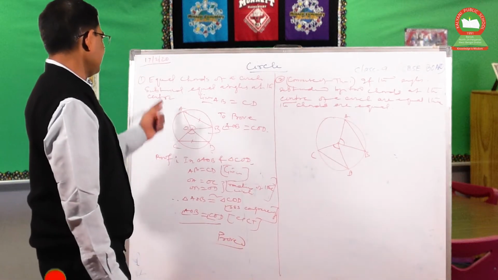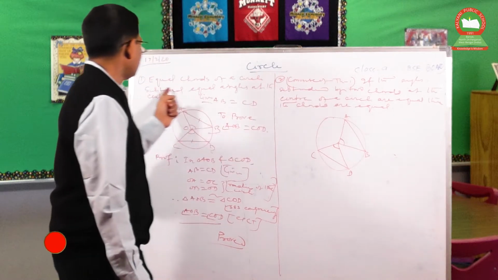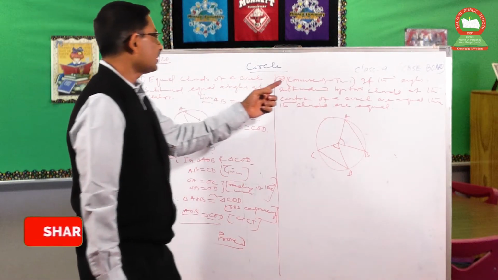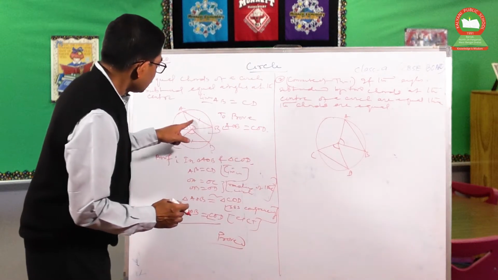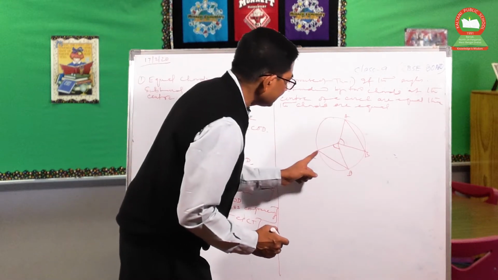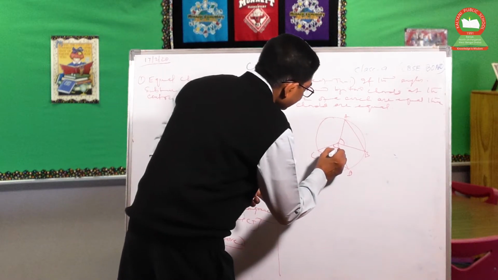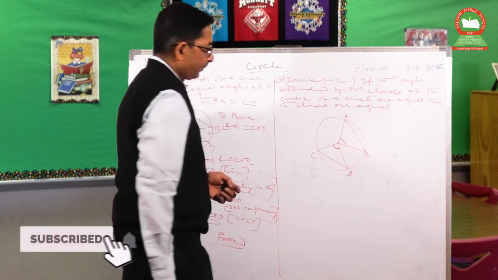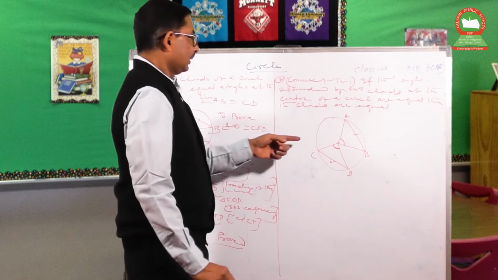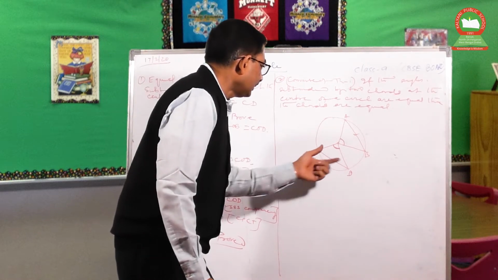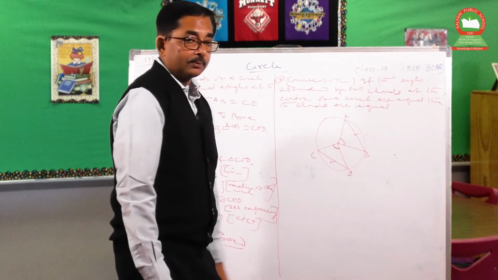The second theorem is very much the converse of theorem number 1. What is this converse? In the previous one, the chords were equal, that is AB and CD were equal. Here it is given that these angles are equal, and we need to prove that if the angles subtended by the chords are equal, then the chords will be equal.